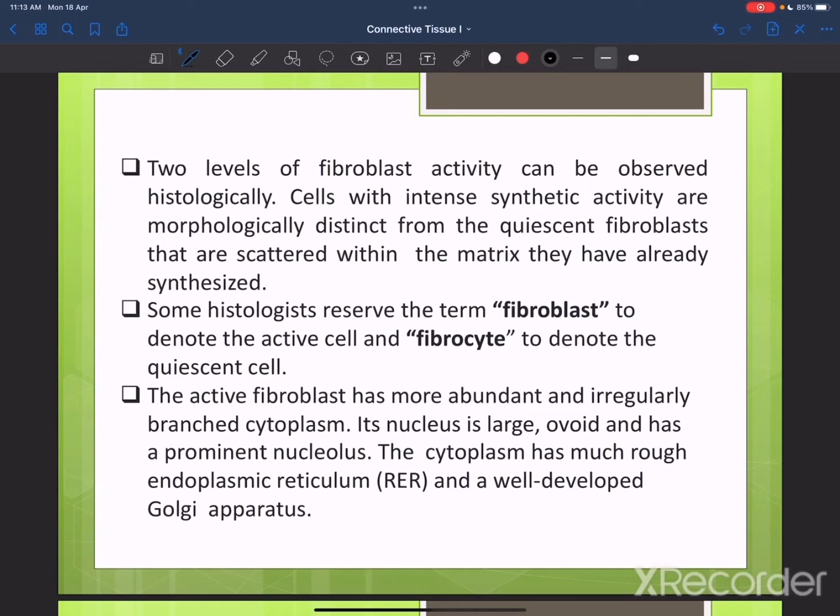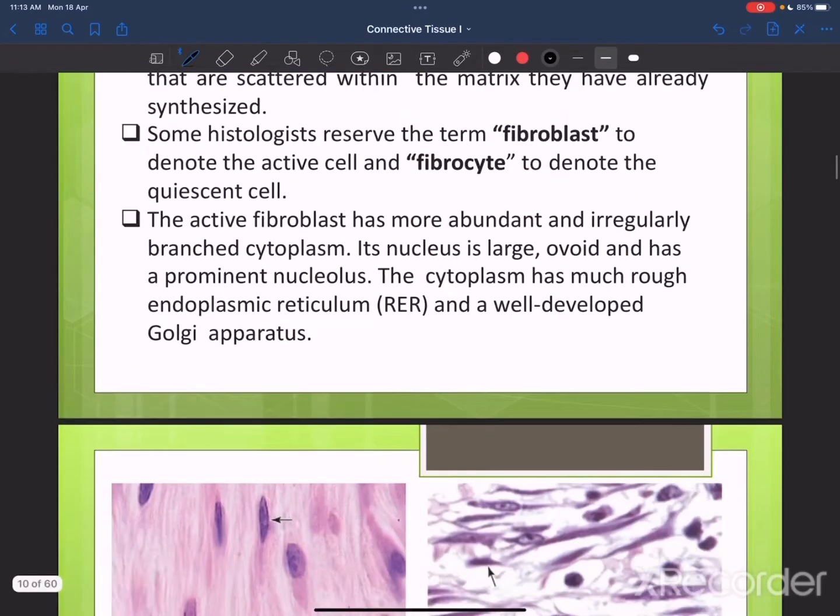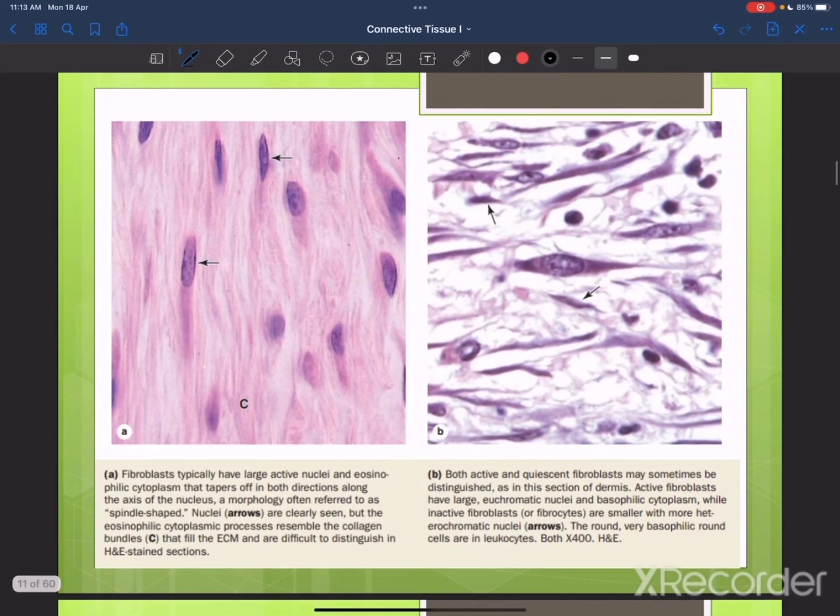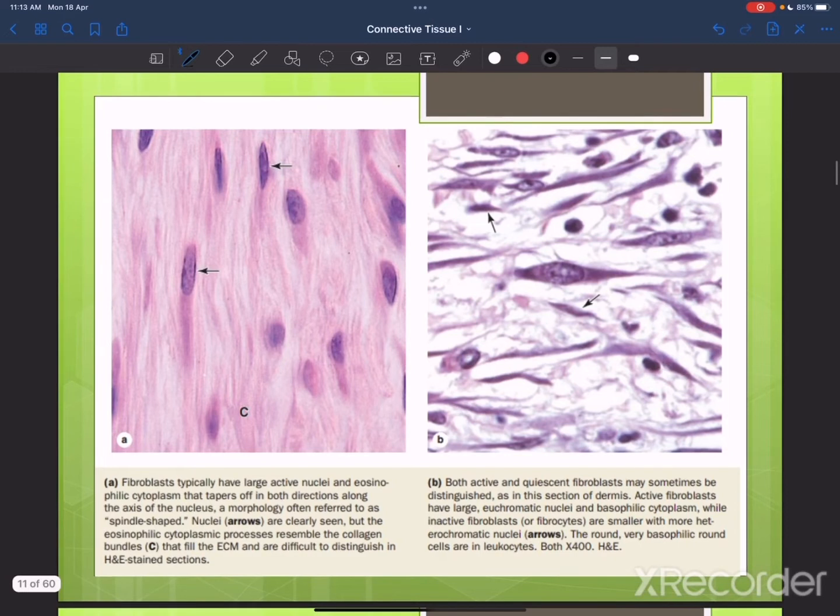The active fibroblast has more abundant and irregular granular cytoplasm. The nucleus is large, ovoid, and has a prominent nucleolus. The cytoplasm has much more endoplasmic reticulum and a well-developed Golgi complex, as I mentioned. In these two slides, for example, on the right side, you can see the two different types of cells. The large one, spindle-shaped with a large ovoid nucleus, is the fibroblast, which is the active form.